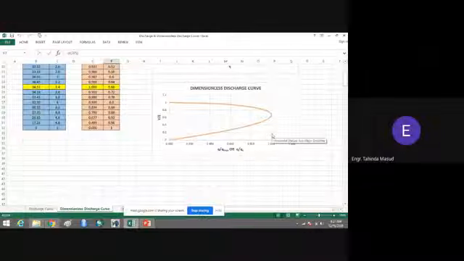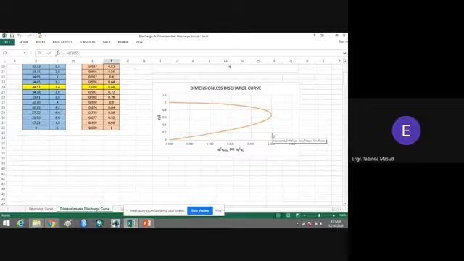And what is the use of the dimensionless discharge curve? We are going to discuss this. The components are the same.